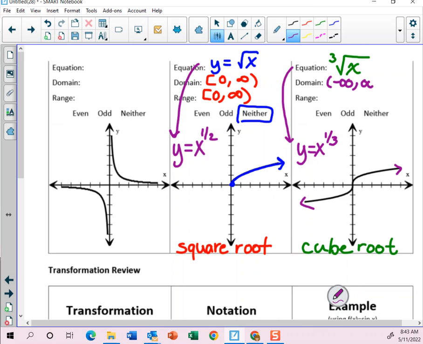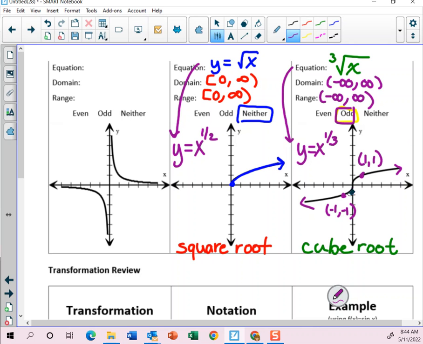Cube root. Boring, boring, domain and range. Nothing fun and exciting. And even, odd, or neither? It's an odd. Yep, that's an odd. Like I said, this is another way to think about it. 1, 1, negative 1, negative 1.